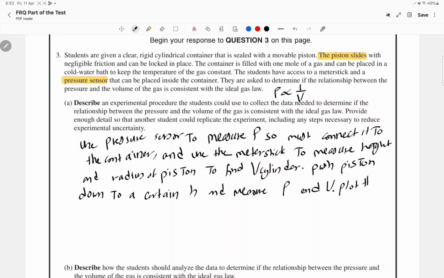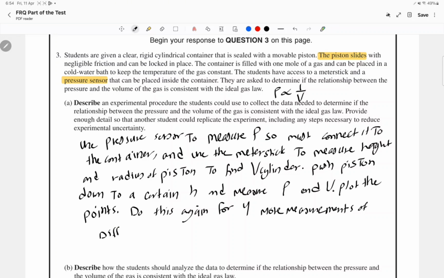Plot the points. Do this again for, you must have 5 in total at least, okay? For 4 more measurements of different height.